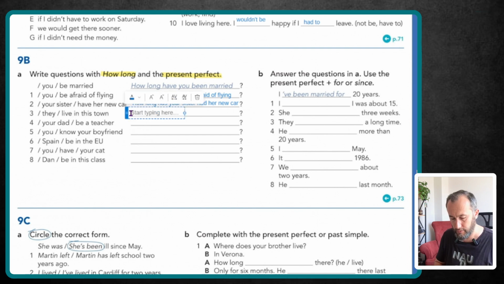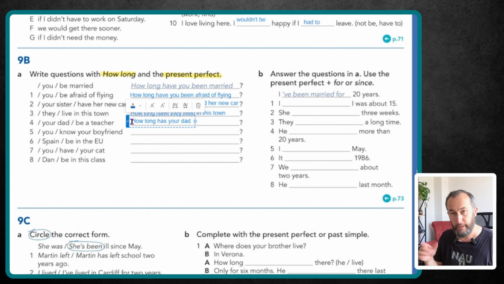So how long have they lived in this town? Your dad be a teacher. So your dad is he. So we're going to write how long has, because your dad is he. How long has your dad? Be is the verb, past participle is been. How long has your dad been a teacher?